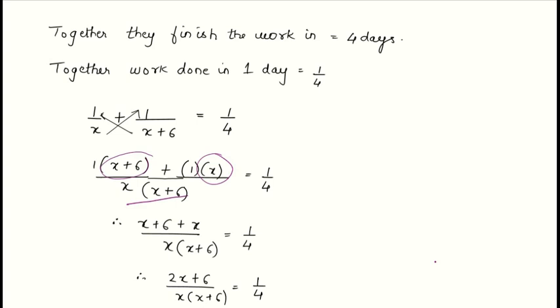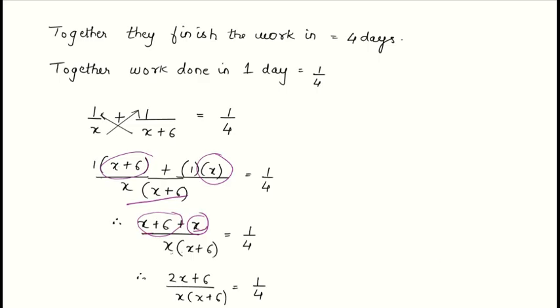On solving this part, 1 into x plus 6 will be x plus 6, and 1 into x will be x. Anything that we multiply by 1 will be the same. And the denominator is common: x into x plus 6 is equal to 1 upon 4.